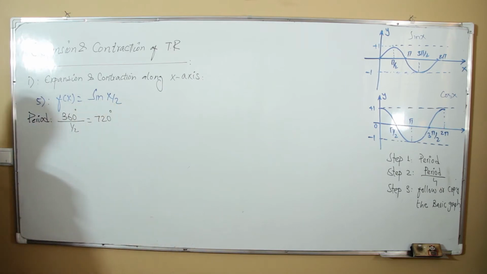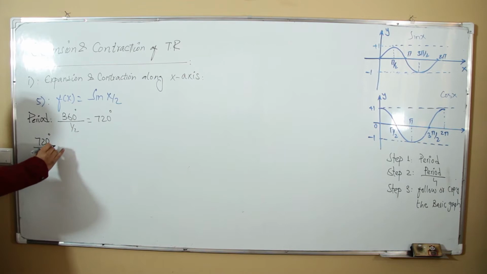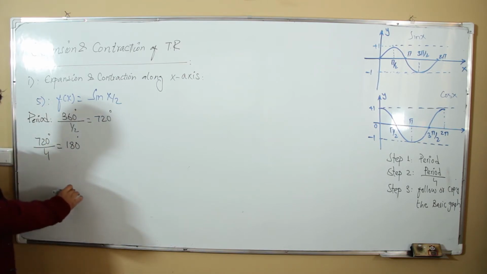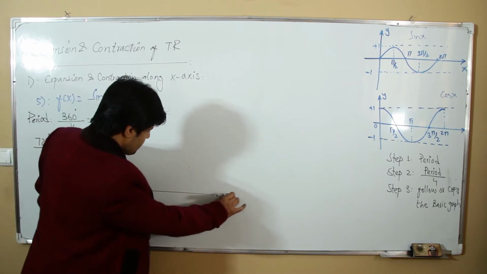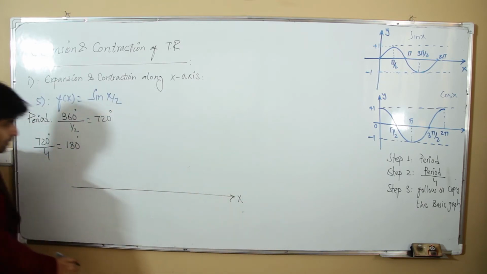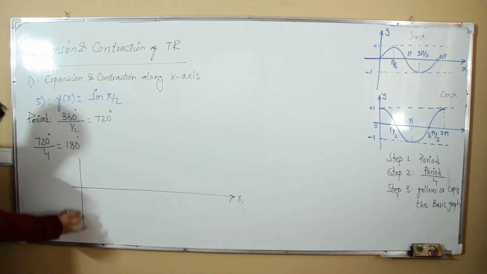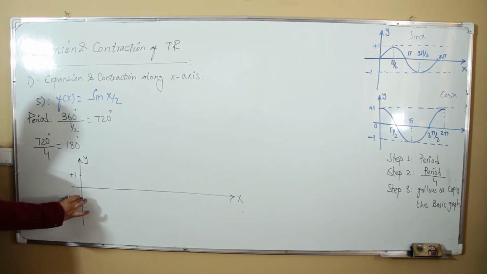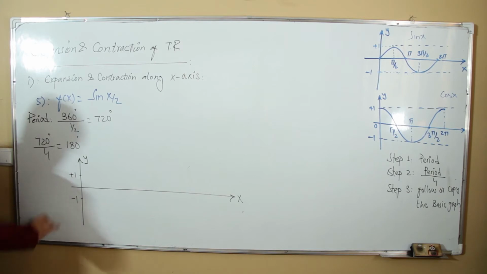Now you have to define 4 points. 720 divided by 4, I think it is 180. Now what does it mean? This is our x-axis, this is our y-axis, this is positive 1, this one is negative 1.